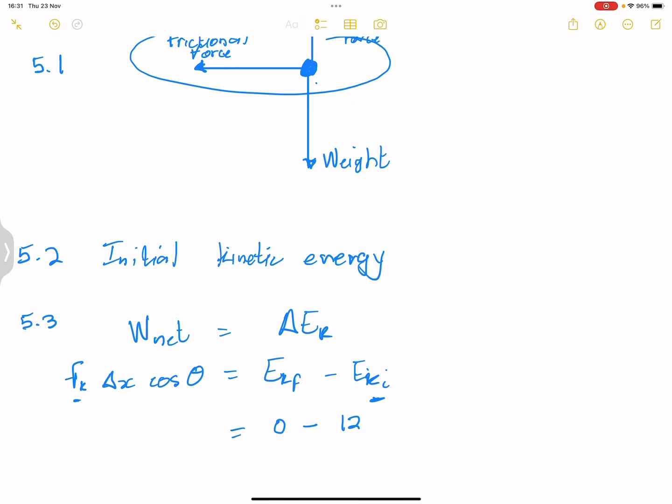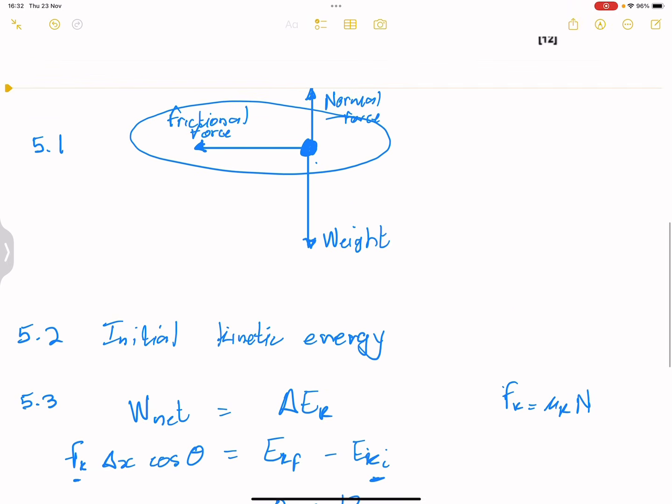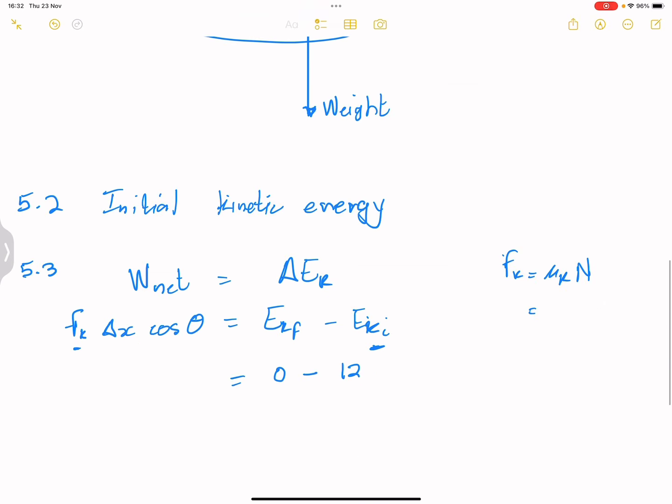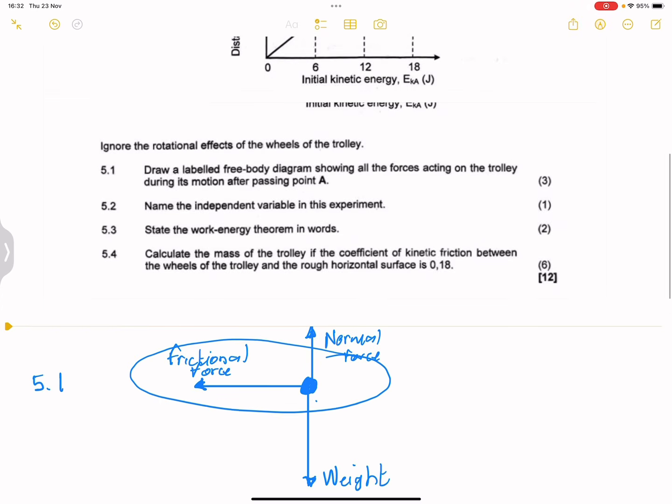So this means our frictional force, and by the way, we didn't know the value of the friction, but you remember that friction is equal to the coefficient multiplied by the normal force. And we know that the normal force in this case would most certainly be equal to the weight. So we know our coefficient is 0.18, multiplied by the normal force, which equals the weight.